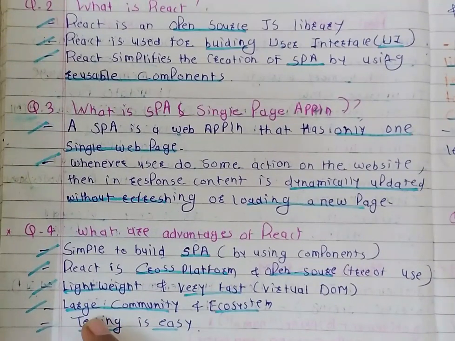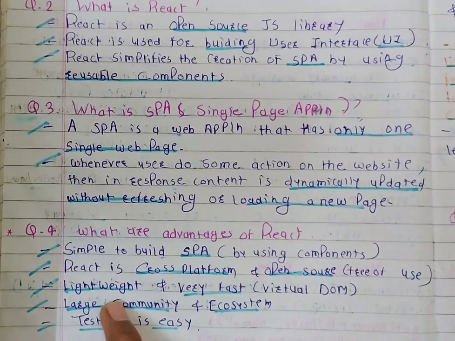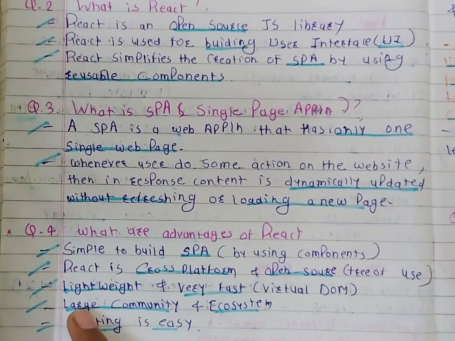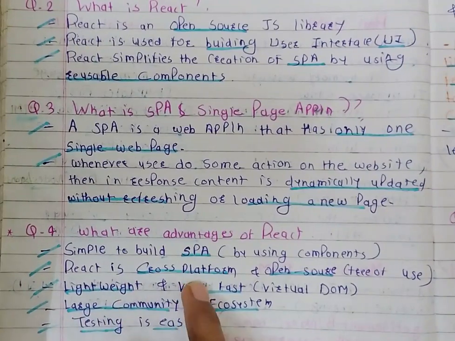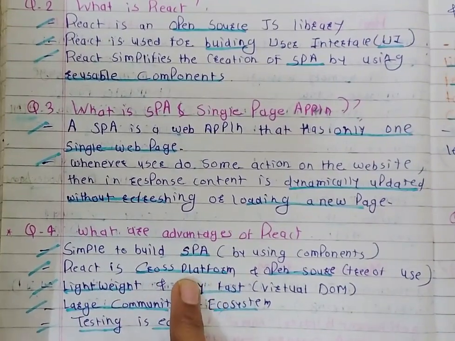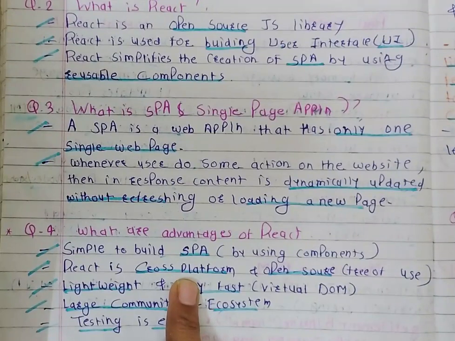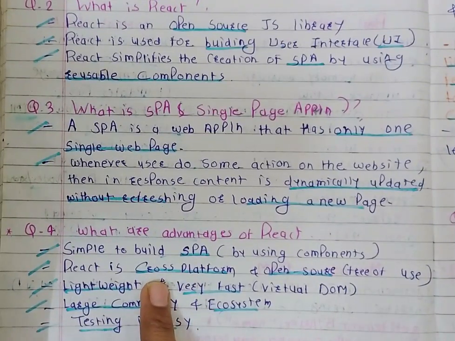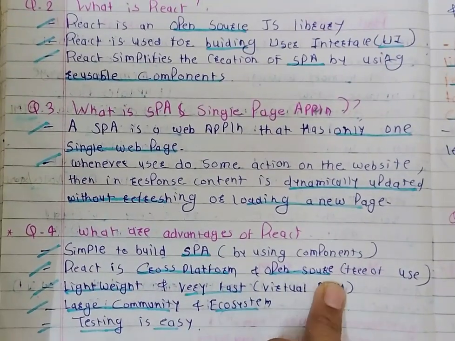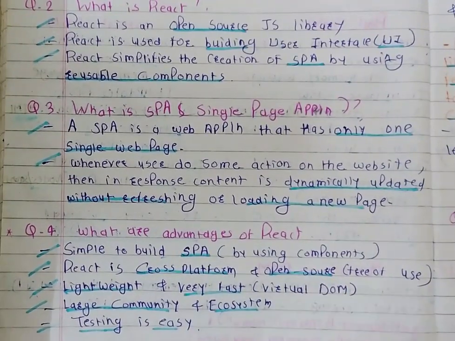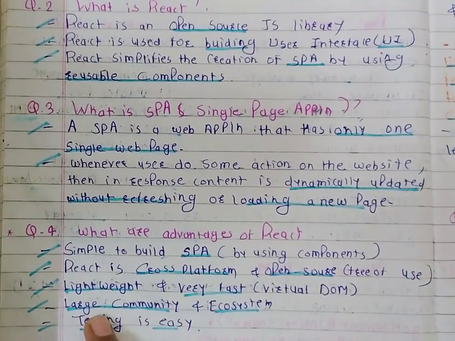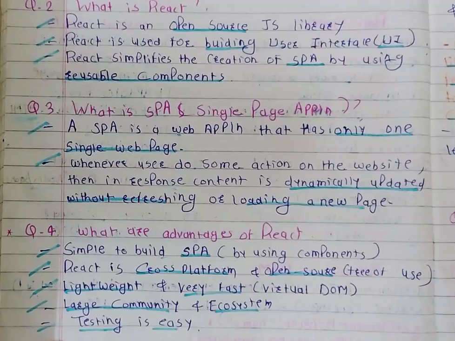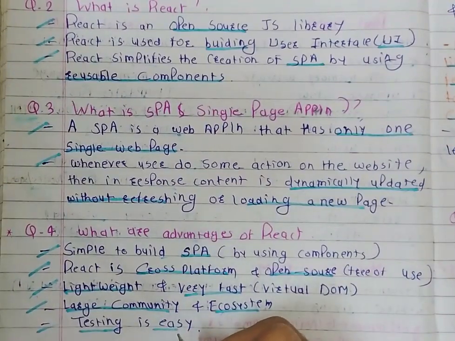It is fast because it uses the virtual DOM. Cross-platform means we can use it on all operating systems, and open source means it is simply free to use. It also has a large community and ecosystem, and with the help of React, testing is also easy.